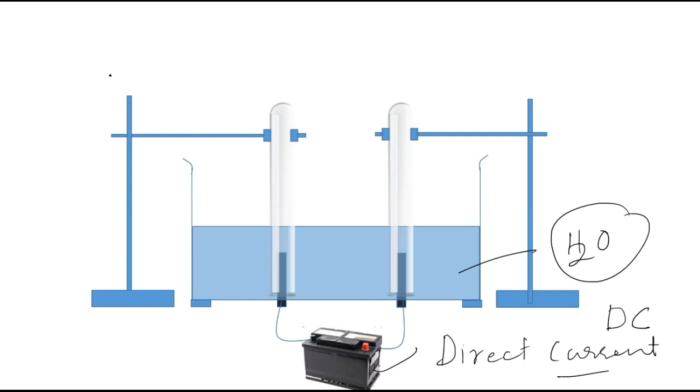Never attempt this experiment using AC current, which is the current we use at home, right? That is alternating current. AC current will be quite dangerous when we directly allow it into the water, and it will not give any effect of electrolysis here. So that is a point to be noted, right?